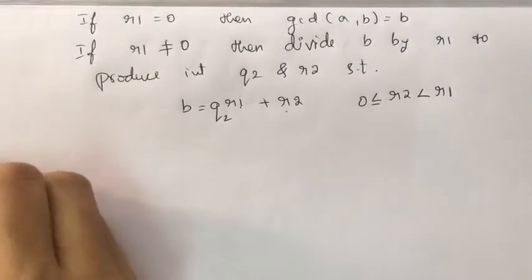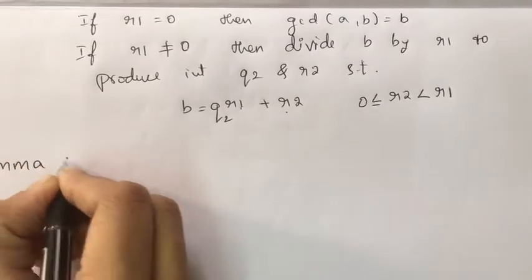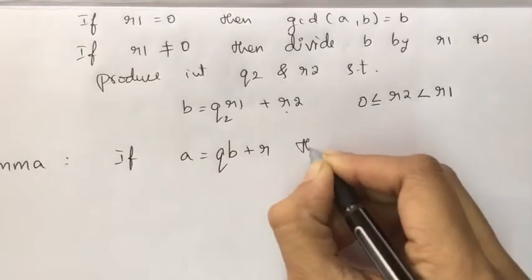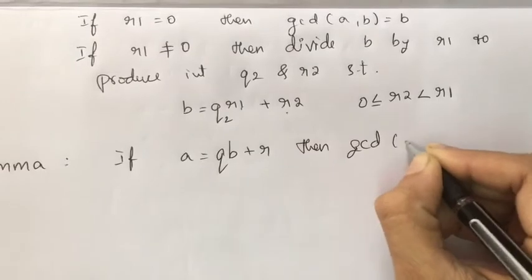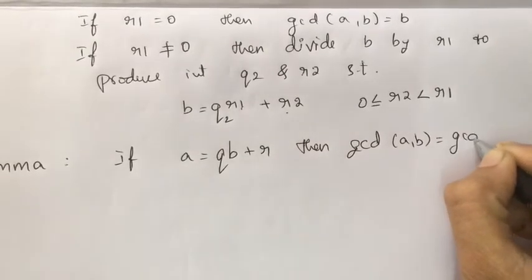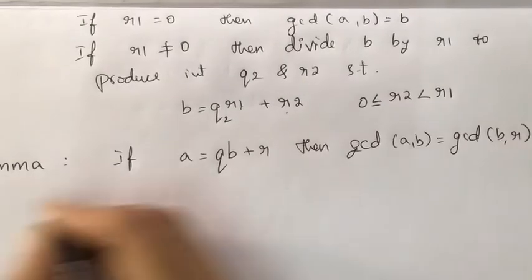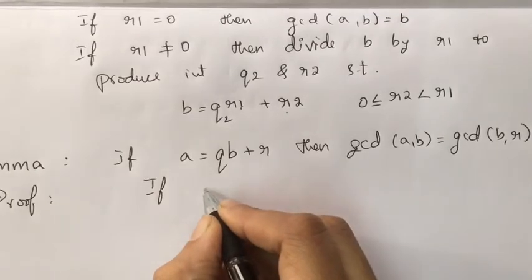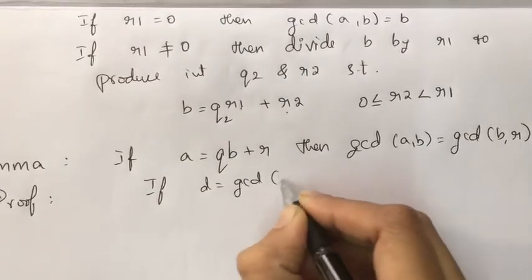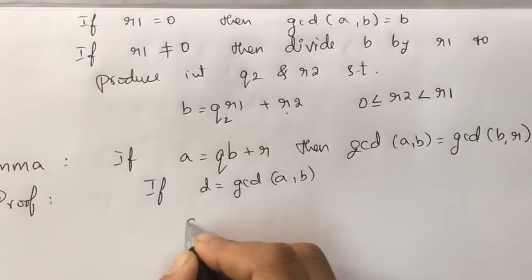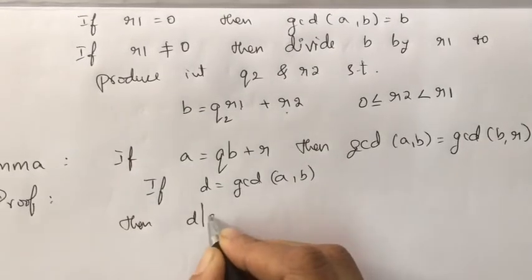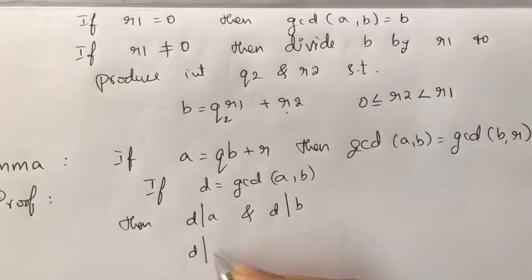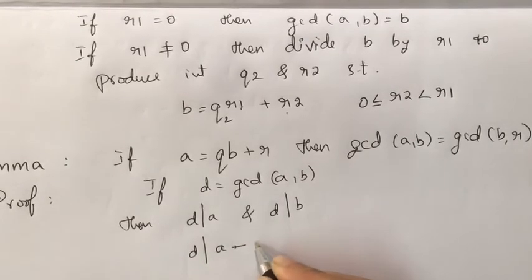Now let us prove a lemma. If A equals QB plus R, then the GCD of A and B is the same as the GCD of B and R. If I take D as the GCD of A and B, then by definition D divides A and D divides B. Therefore, D divides A minus QB.